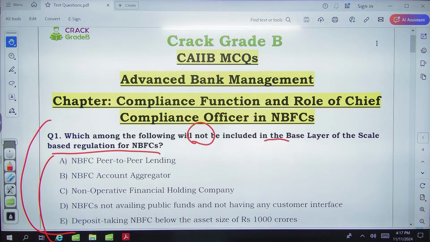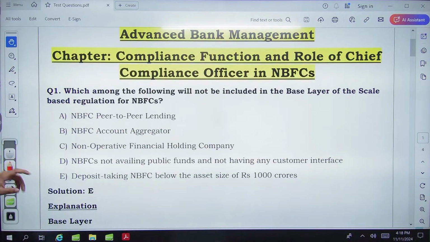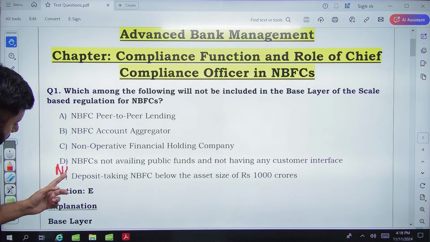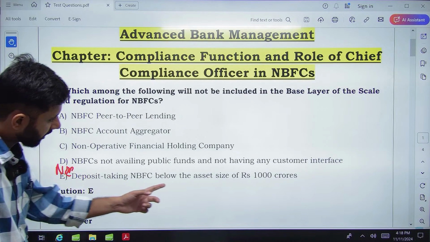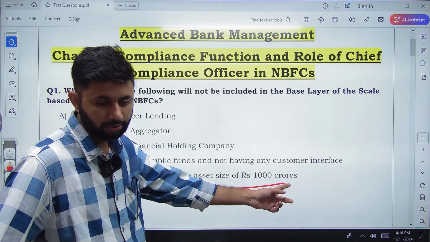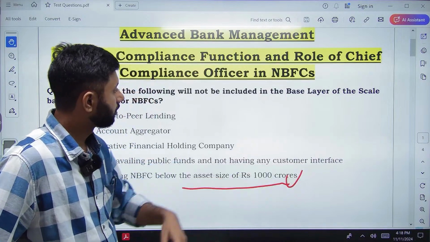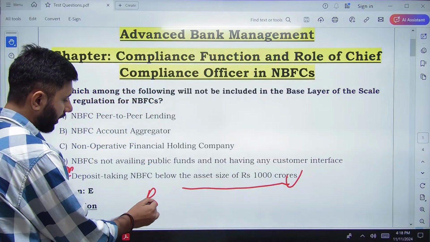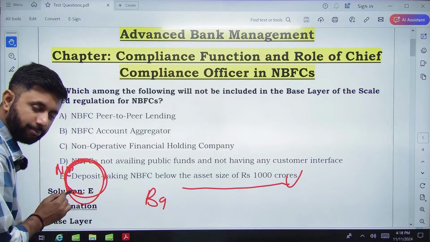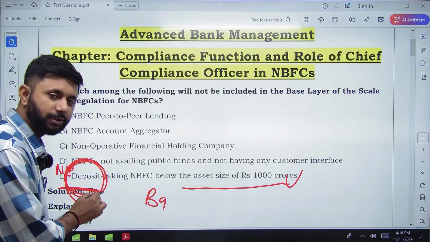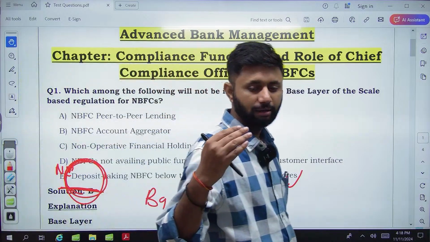In the options, we have NBFC, peer-to-peer lending, account aggregator, non-operative financial holding company. If you see clearly, the correct answer would be E, because it is non-deposit taking NBFCs having asset size below 1000 crores, that is in the base layer, whereas any type of deposit taking NBFCs is not in the base layer, rather in the middle layer.